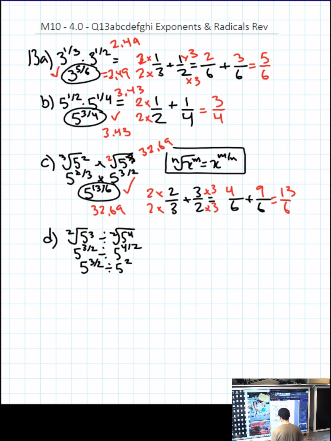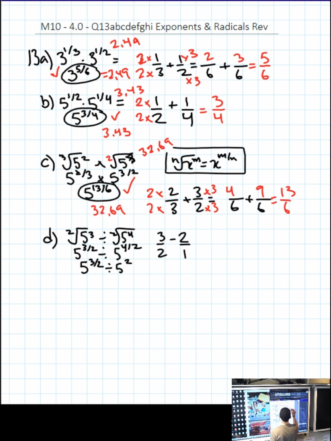Now remember, if we have the same base, we're going to be subtracting exponents. So we have 3 over 2 minus 2. Excuse me. I need to erase that. 3 over 2 minus 2. Now the 2's over 1.